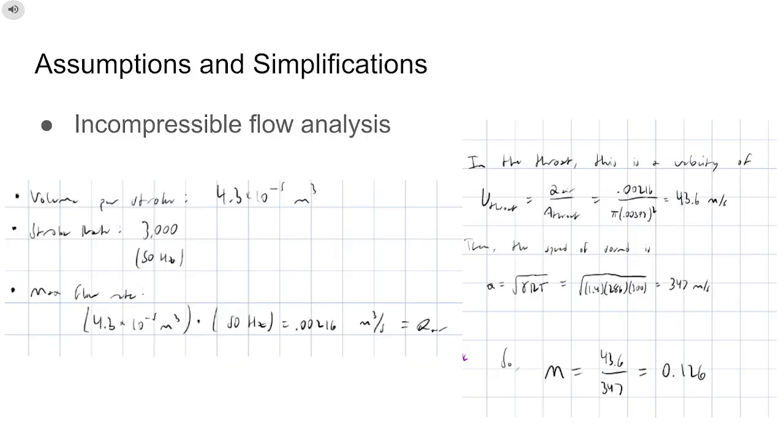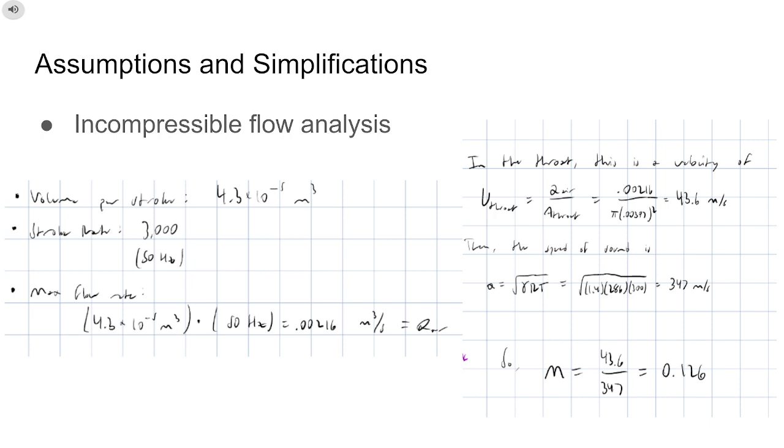Because of what we know about the venturi, along with what we observed during the dissection, we made specific assumptions and simplifications in order to analyze the system and make calculations. The first assumption that we made was to use incompressible flow analysis.